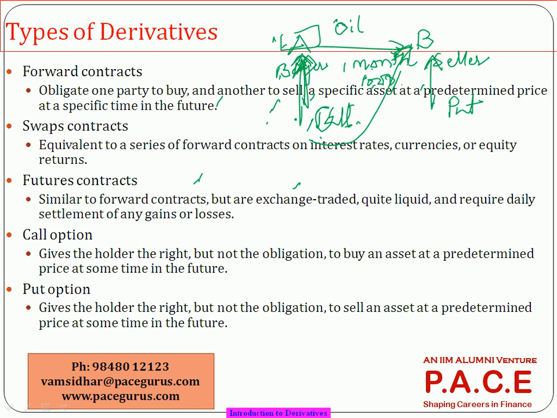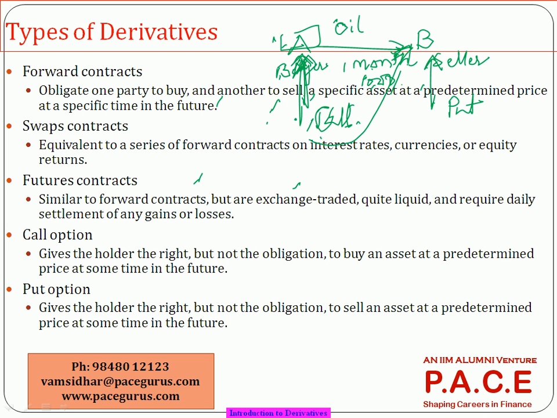What is that option? If I want, I will buy, otherwise I will not buy. It's not an obligation anymore for a person who has taken an option. So just to convince the other party about that option, today he is paying some premium to the other party. Non-refundable, non-adjustable.